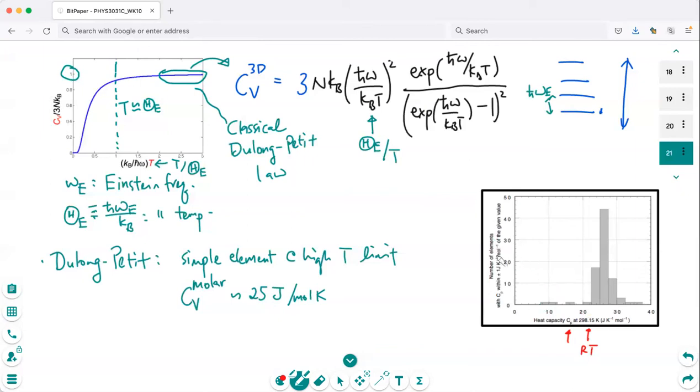You count how many of them, and there are a lot of them centered around here. This is 20, this is 30, so 25 is here. So this is 25 joule per Kelvin per mole. If you take up the textbook, this is where you see a lot of elements. A lot of elements have this heat capacity.